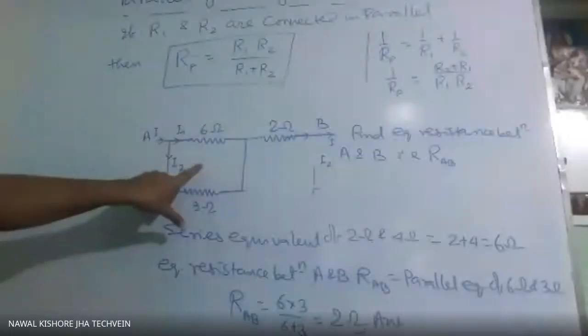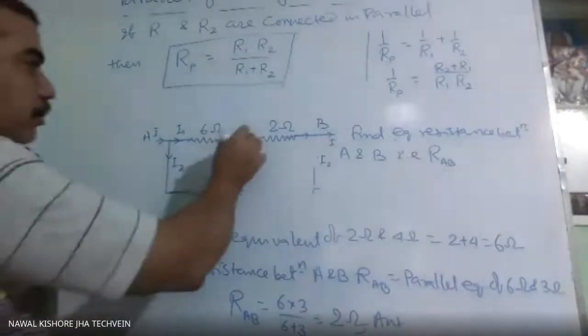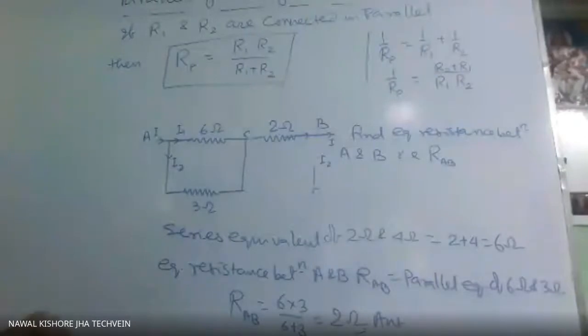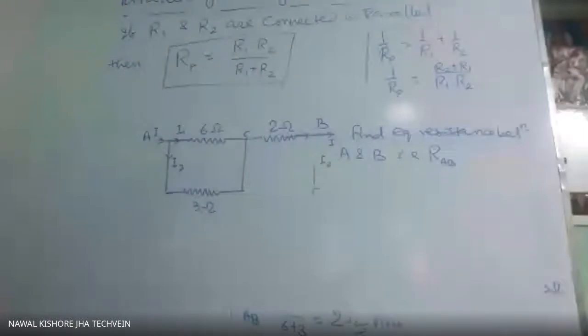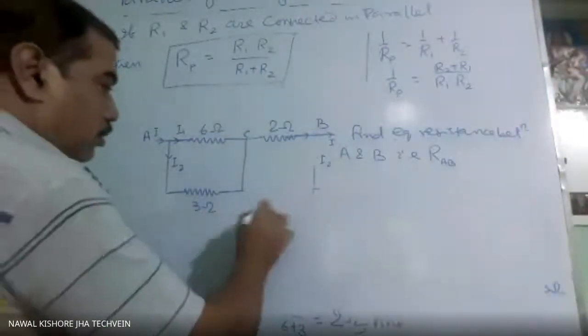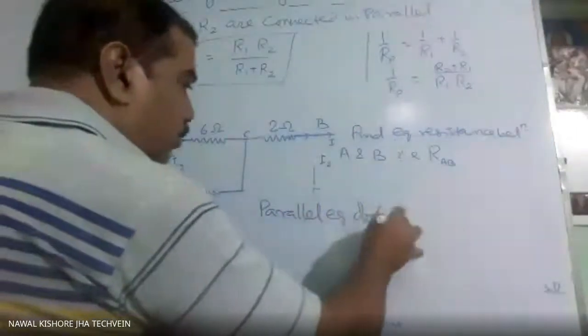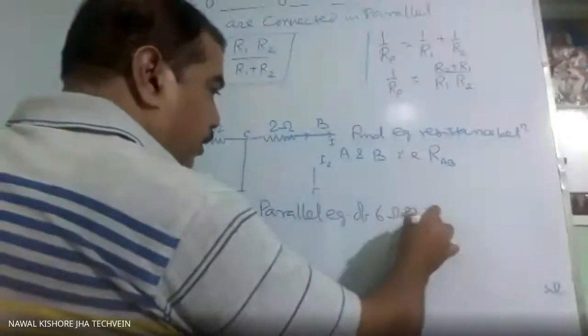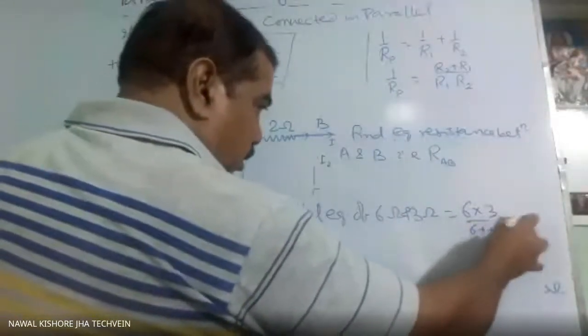This 6 and 3 ohm are in parallel, because one end is connected to point A and the other end is connected to point C. So first we'll find the parallel equivalent of 6 ohm and 3 ohm. 6 into 3 by 6 plus 3 is 2 ohm.